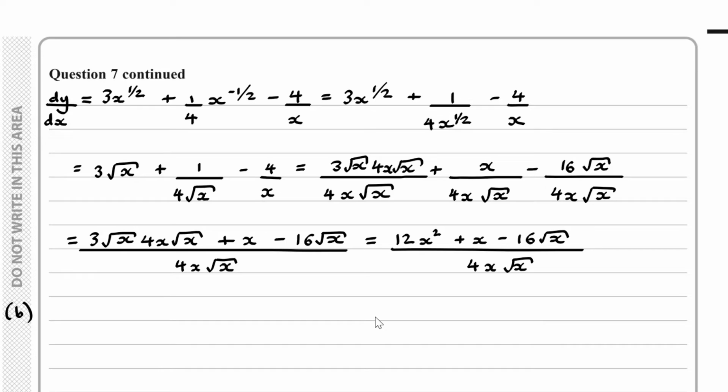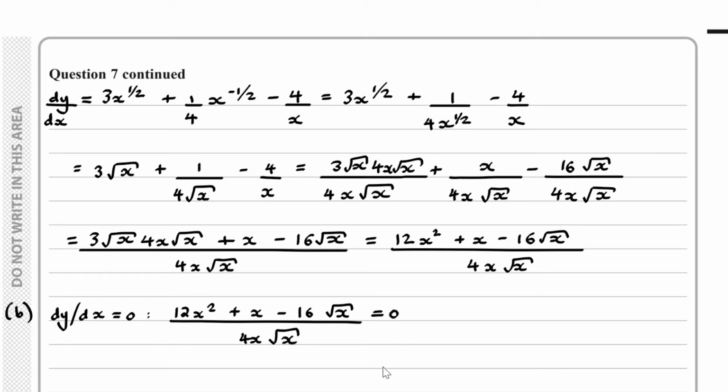So, we know what dy over dx is, and therefore, if we set dy over dx equal to 0, we have this result here, 12x squared plus x minus 16 root x over 4x times by the square root of x is equal to 0.